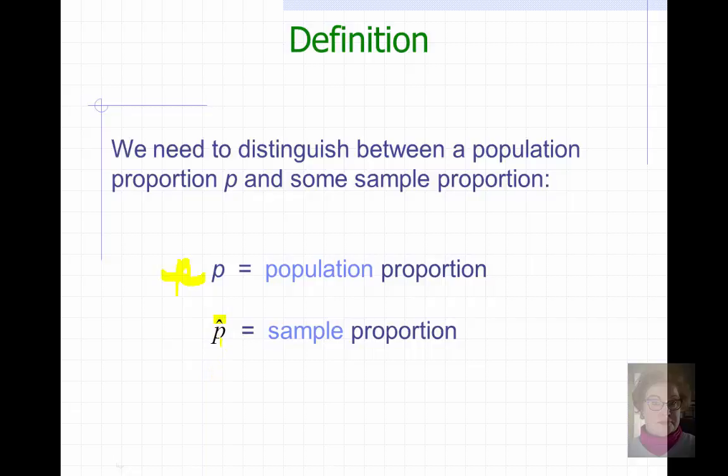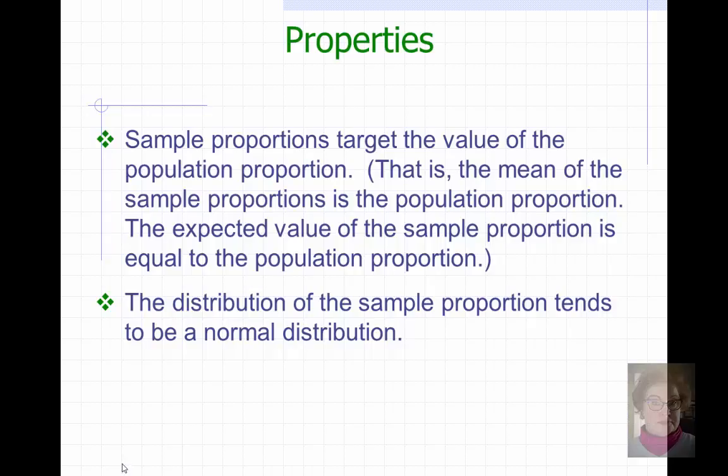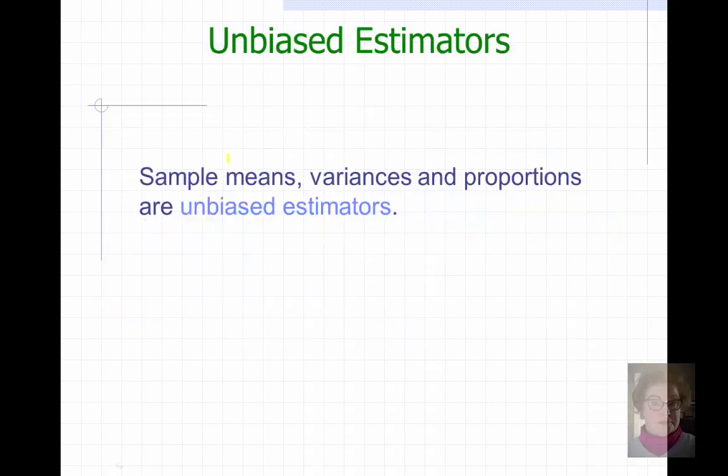So sample proportion has the caret. A plain lowercase p is a population proportion. And again, the sample proportion targets the value of the population proportion, and the distribution tends to be a normal distribution.